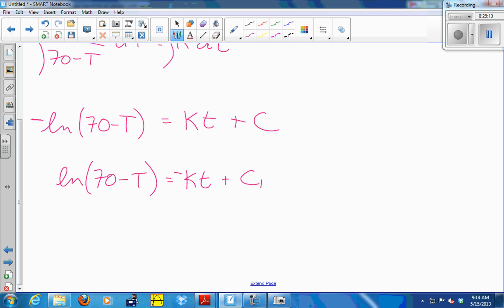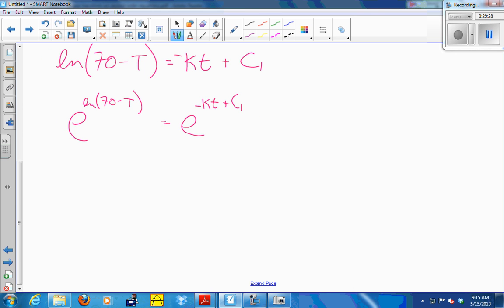Okay, so now to undo an ln, raise e to both sides. So I'm going to have e to the ln of (70 minus T) equals e to the negative kt plus c1. And e to the ln of some stuff just gives you your stuff, because e and ln are inverse functions. And then this, I'm going to do my little trick here.